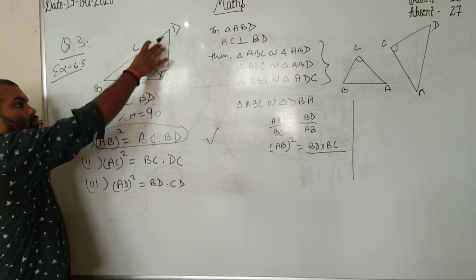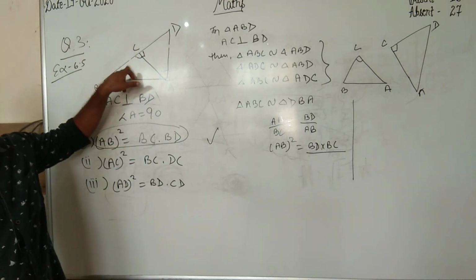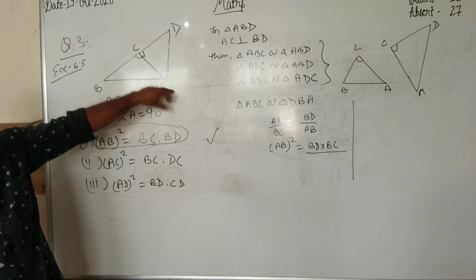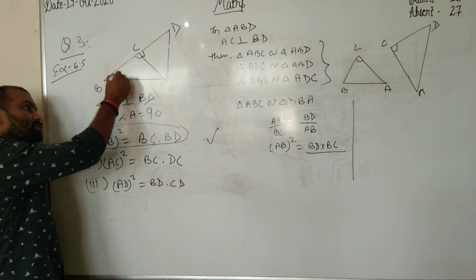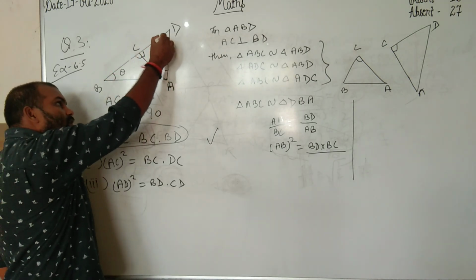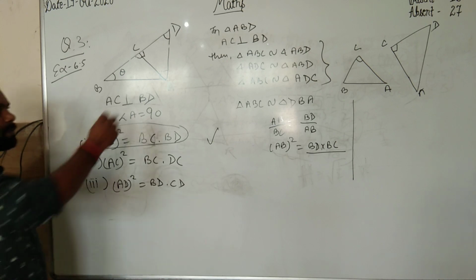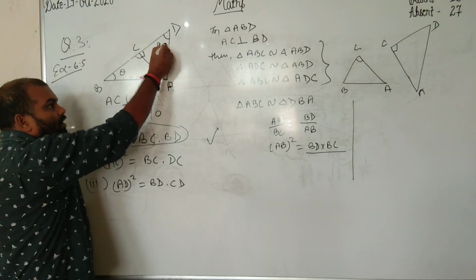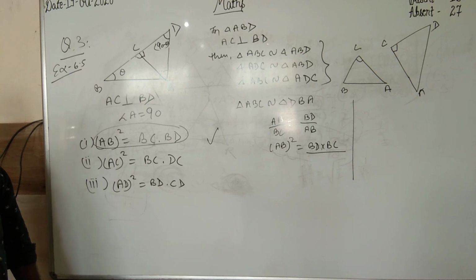Suppose in this whole triangle, okay, this angle is 90 degree. If this angle is theta, then what about this? 90 minus theta. Clear? Any doubt? Very good.